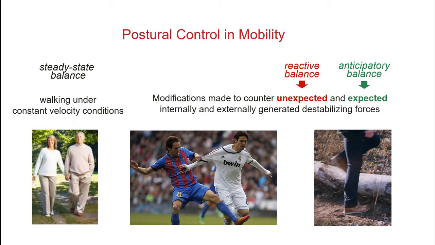Reactive balance and anticipatory balance refer respectively to the adjustments that are made to counter unexpected and expected internally and externally generated destabilizing forces. Here we see a footballer being unexpectedly pulled backwards as they're attempting to run forwards. We also see a person stepping up and over a log as they're walking down a forest path.